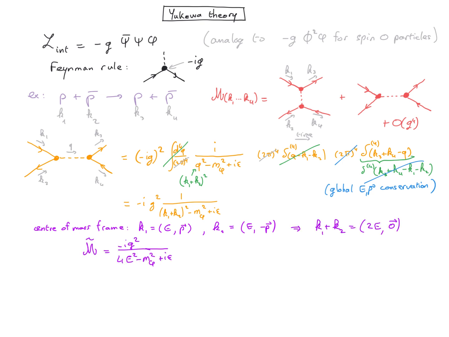If the mediator of the interaction is lighter than twice the mass of the proton, this denominator will never be 0, and in this case we can get rid of the I epsilon. But if this is not the case, then we can have potentially a division by 0. This means that when 2E is equal to the mass of the mediator, we have a huge amplitude for the process.